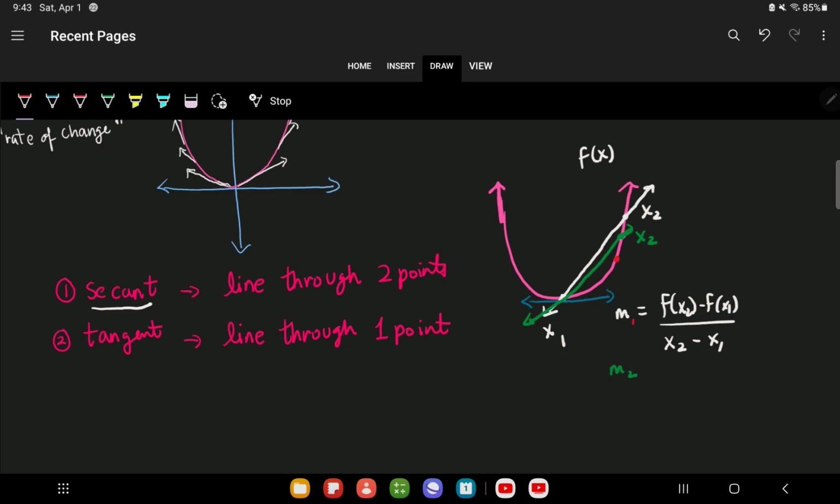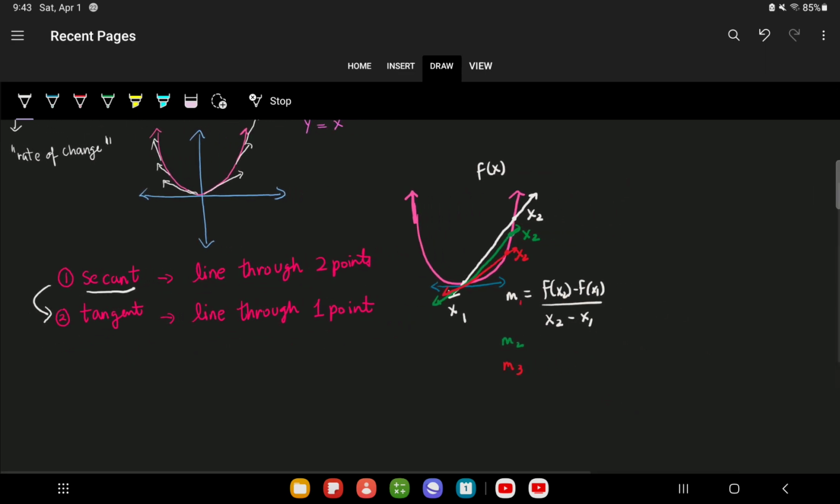Let's move the x2 even closer and calculate another slope. And you see what's happening? We're still going through 2 points, but we're getting closer and closer to that blue line, right? And once we get really close to the blue line, that secant line, a line through 2 points, will really become a tangent line, a line through 1 point.